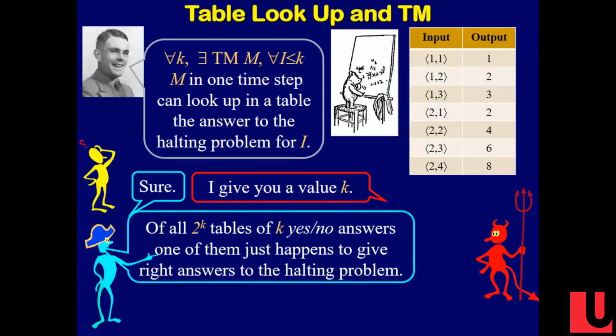He says, of tables of size K that list answers, there are 2 to the K possible tables out there. None of them necessarily exist, but imagine all 2 to the K of them. One of them happens to give the right answers. So does it exist? Well, theoretically, it exists. Everybody with me here?